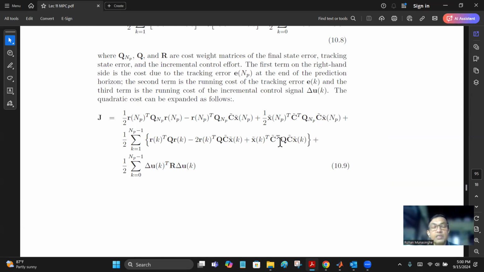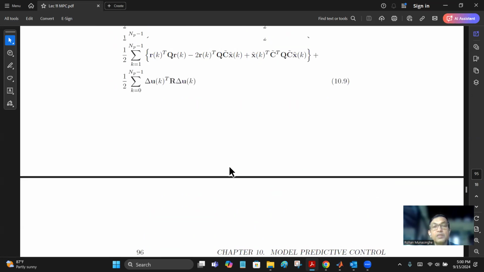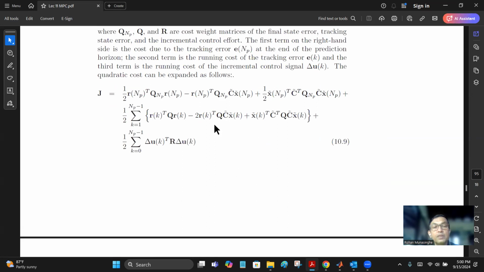And the other summation is this one and this one. So it has r and x on either side. See that? And in between, the matrix. What is that matrix?